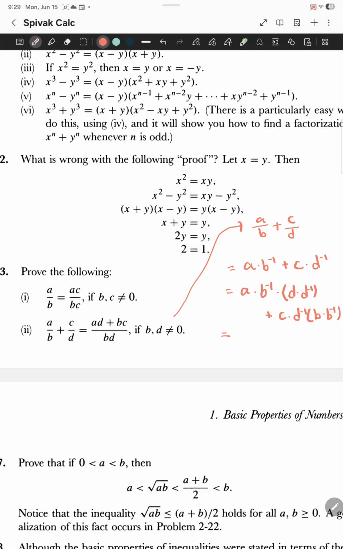Then we have ad over bd plus cb over bd, after moving things around with the commutative law.